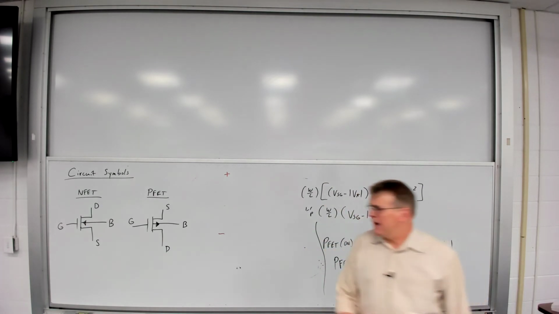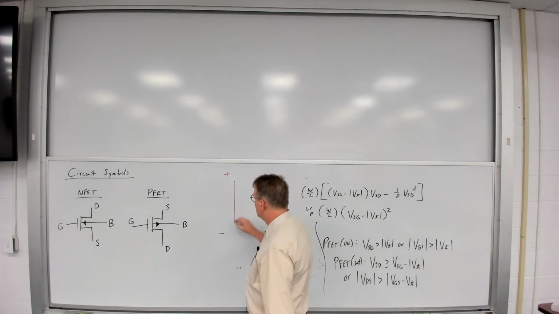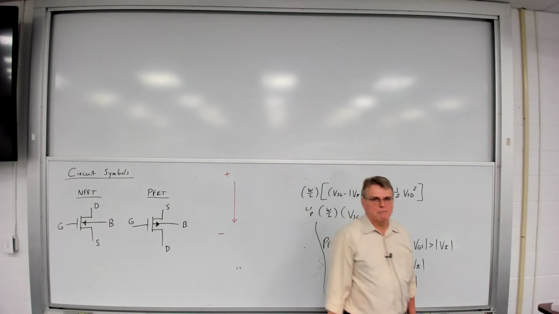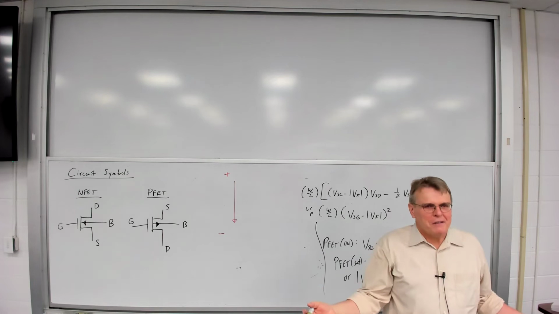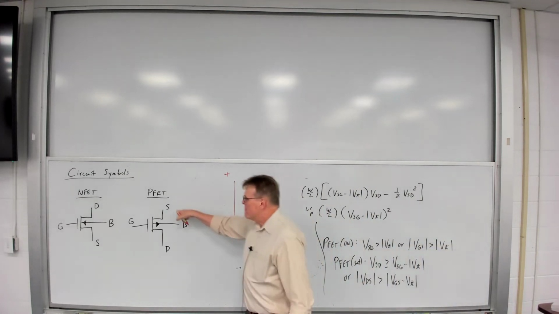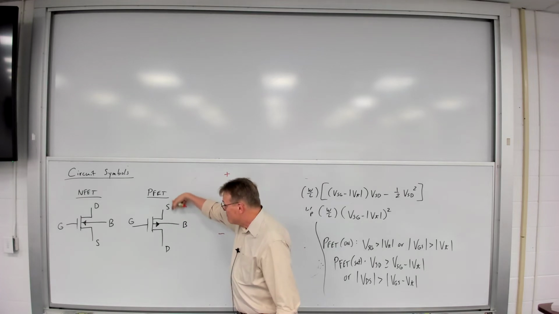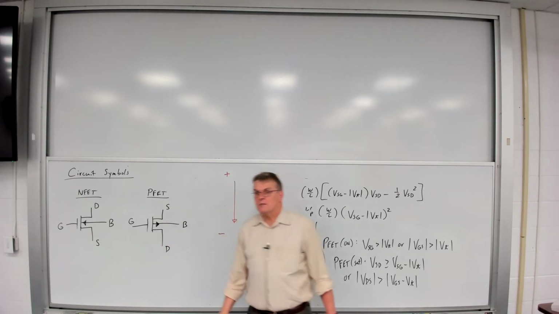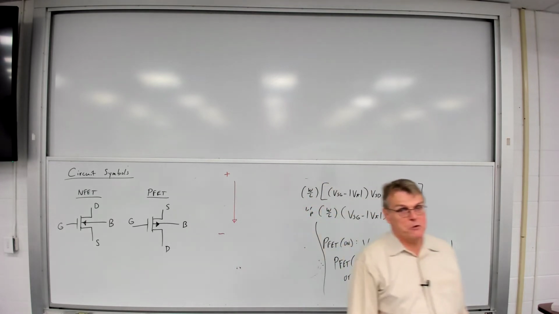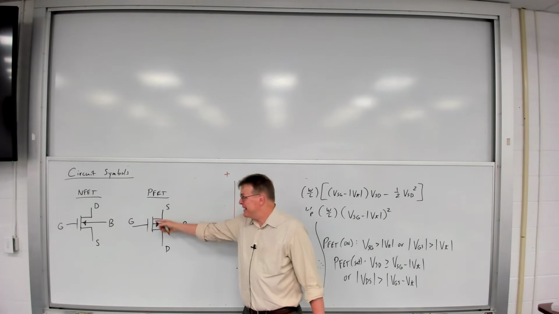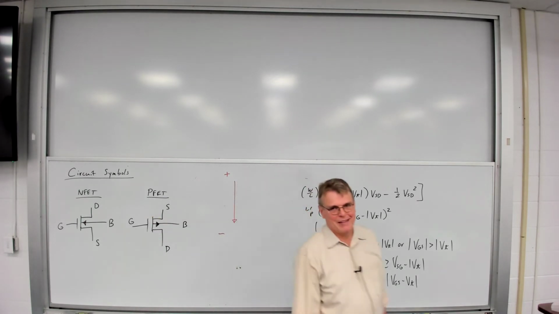And the reason for that is this lets us define positive currents flowing from the top to the bottom of the schematic. It's convention. Everybody does it that way. Because PFETs have positive drain current going from source to drain, the source is going to be connected to a more positive voltage than the drain. And so we draw this PFET, in effect, upside down compared to the NFET.